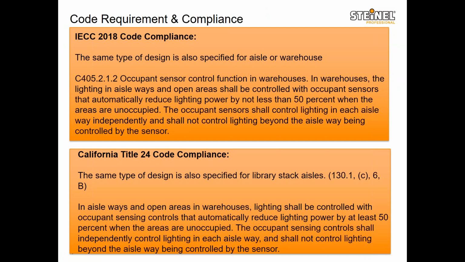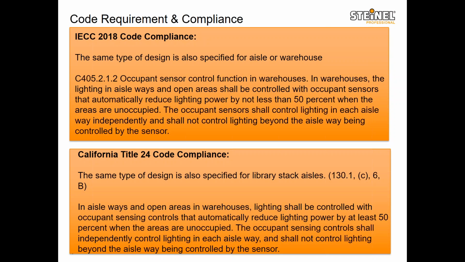So now that we know the basics of it, let's look at code and what's important as far as your design. In a lot of the country, we're going to follow ICC 2015, and some places now have adopted 2018, and we'll be going in that direction. But nevertheless, throughout most of the country, you would treat this very similar to a warehouse.